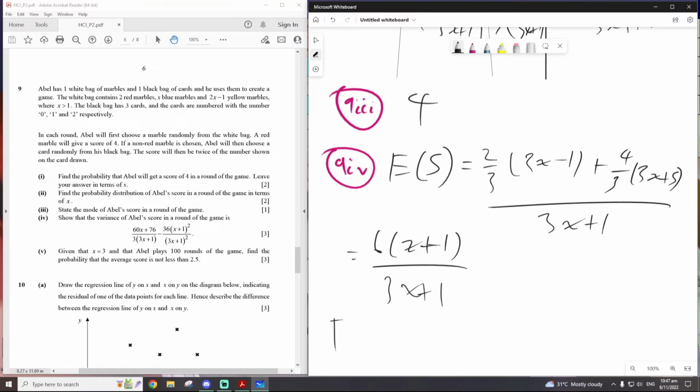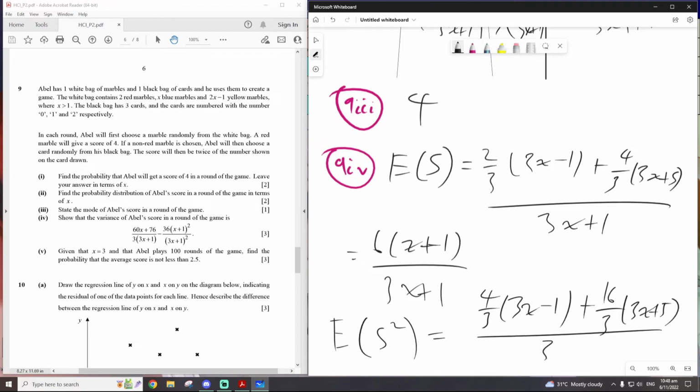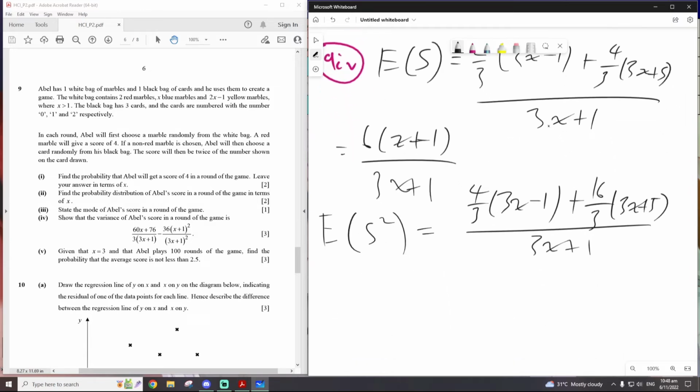Okay, we find the expectation of S squared now. Same thing, we take the 2 but we square that, so we get 4 over 3, 3x minus 1. Then we do this with 16, because 16 is 4 squared, 3x plus 5, and then 3x plus 1. And what does this give us?